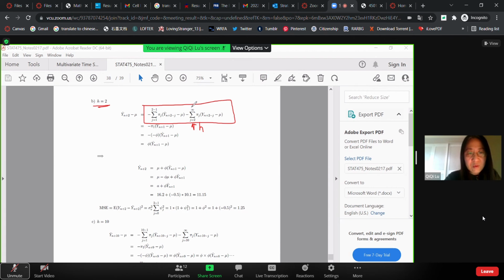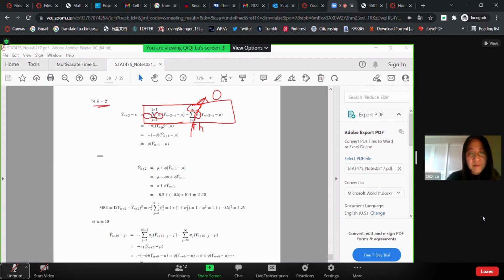In this case, because all pi j larger than or equal to 2 are 0, those terms are 0 anyway. So we only have the first one. So j from 1 to 2 minus 1 is 1, so only one term here, negative pi 1 with j equals 1.